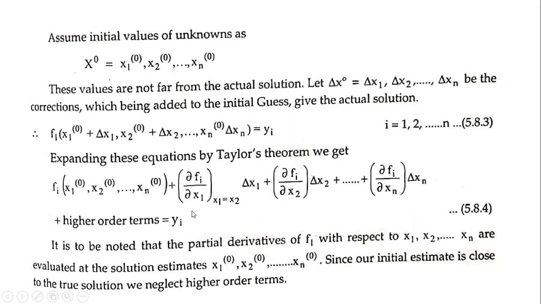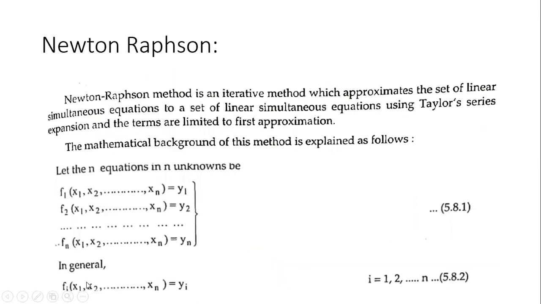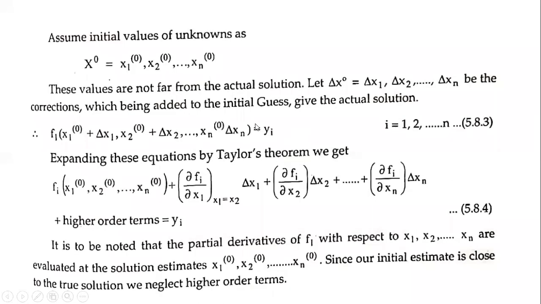We are partially differentiating fi with respect to x1, x2 and xn, plus higher order terms. This is the standard equation, and by using this equation we apply the Taylor series.